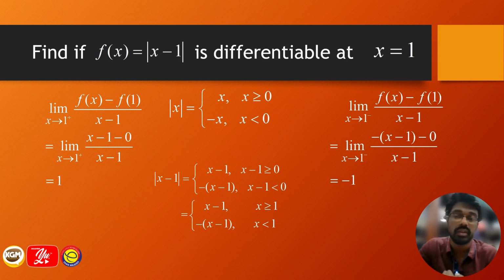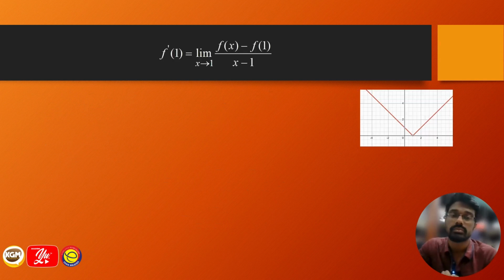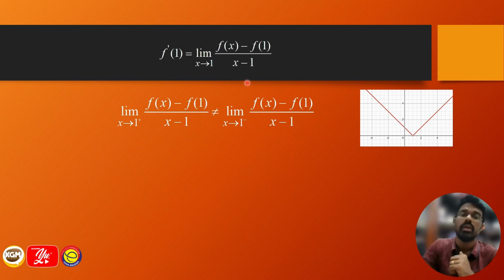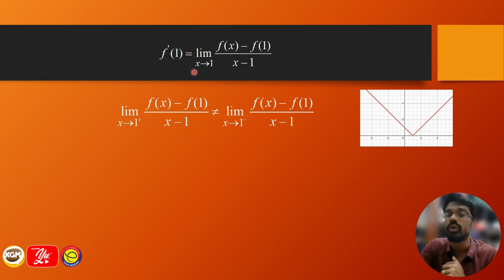So what does that tell us? Now we can analyze this. Just now I wanted to find, is it differentiable at 1? Meaning to say, does this limit exist? In order to check existence, we evaluate from the right and from the left. Since I know the limit from the right and the limit from the left are not the same, it is safe to conclude this limit does not exist.